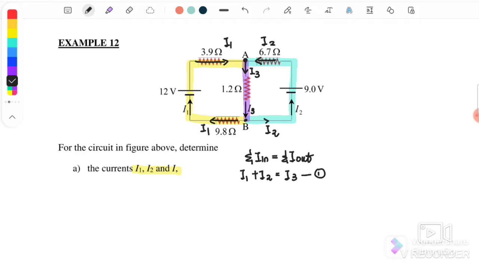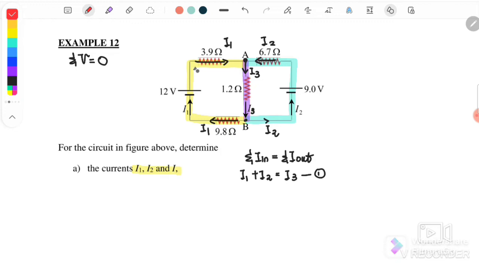So we must use Kirchhoff's second law, where V total is equal to 0. Before using Kirchhoff's second law, we must follow the loop rules, where we need to draw the loops first.